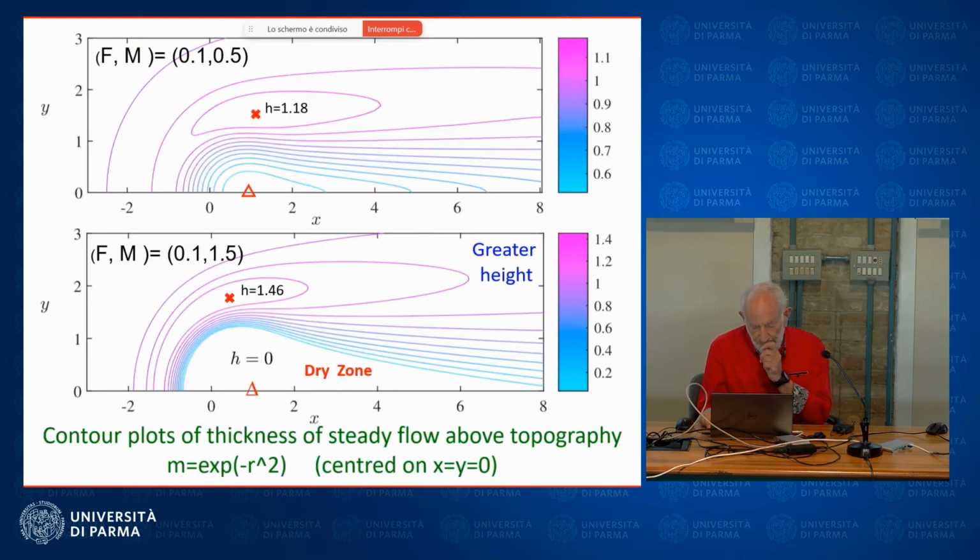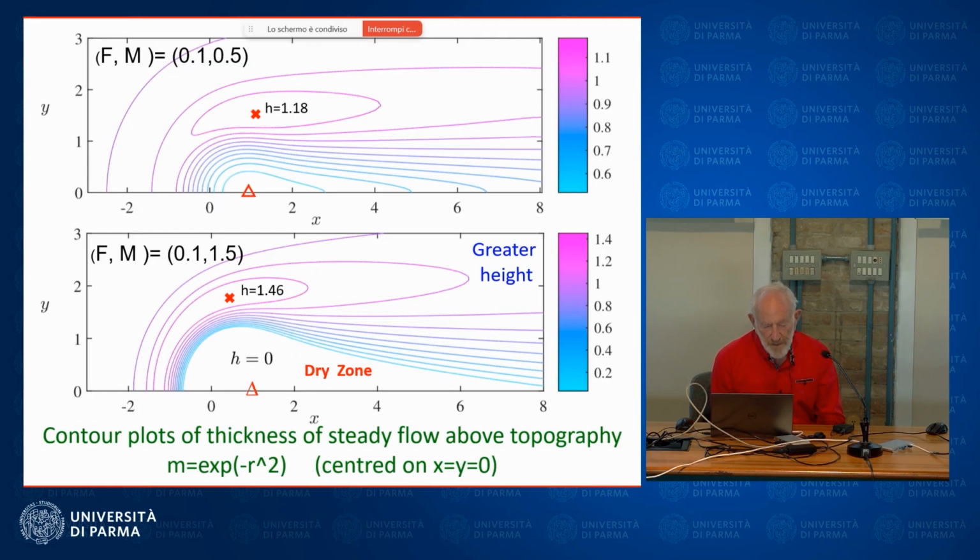But these are interesting possibilities. But let's go on to consider more realistic three-dimensional topography, where the topography, the mountain, non-dimensionalized, is just an exponential of minus r squared, so it's a Gaussian in radius. And here are just two values of the F and the M, showing you the difference.